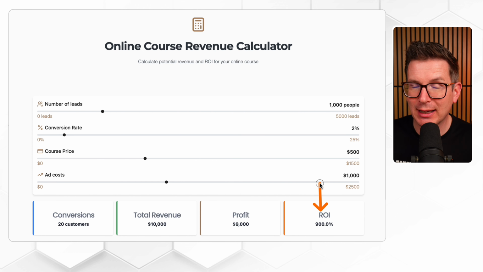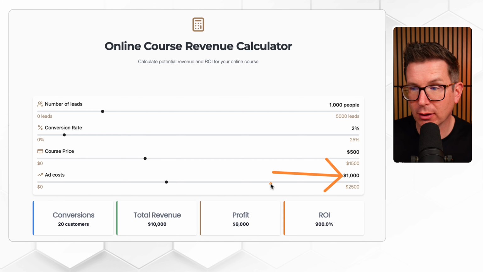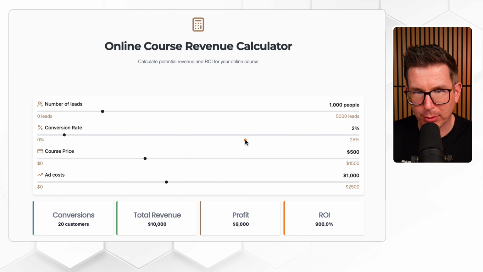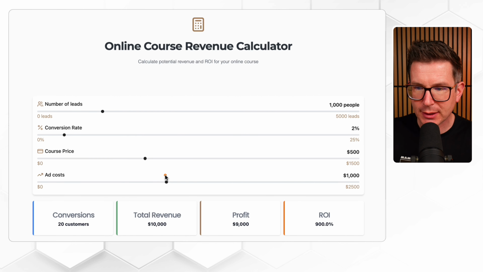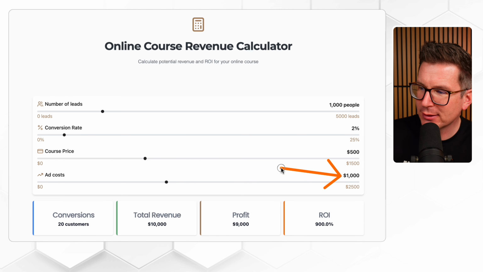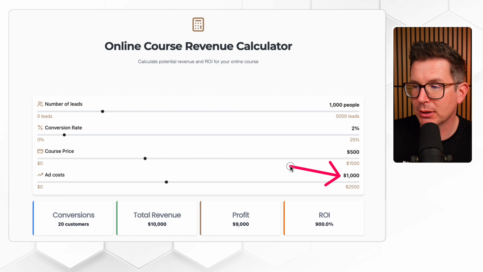That's a 900% ROI, return on investment, meaning we're spending $1,000, making $9,000. Now, still, this example is not that realistic because most of the time we need to spend a little bit more. But if you're starting off, I just want to show you what's possible, because as long as you're not spending more than you're making in profits, you can scale this pretty much as much as you possibly can.